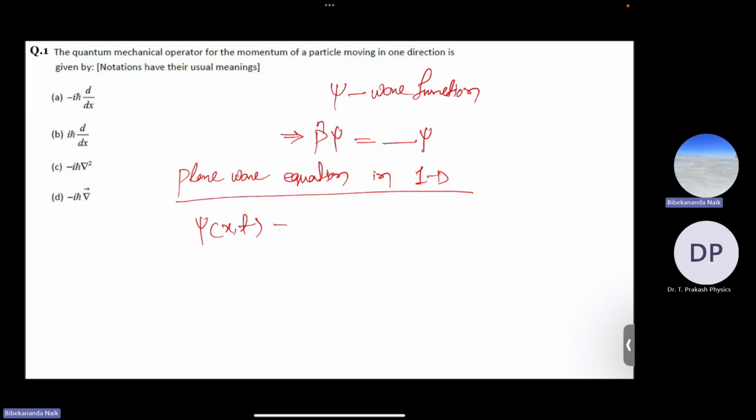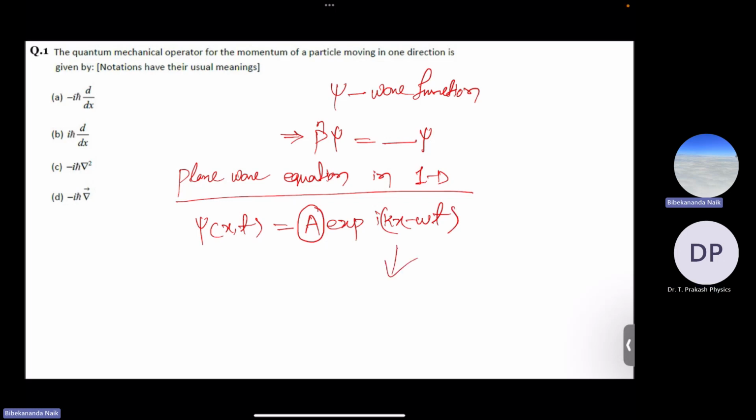So what will be the plane wave equation? It will be exponential, with some normalization constant, exponential i kx minus omega t, is it not?